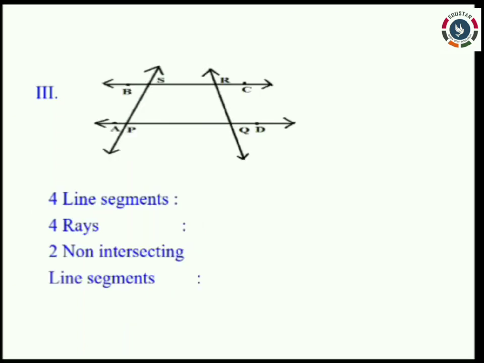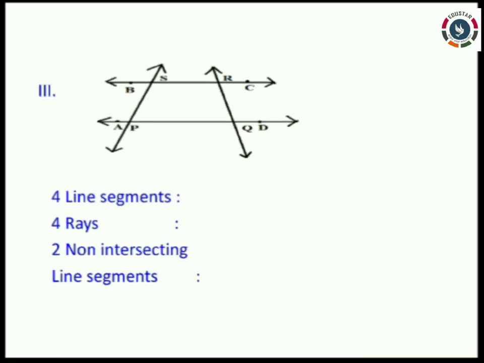Next, they have given a diagram. From this diagram, you have to find 4 line segments, 4 rays and 2 non-intersecting line segments. 4 line segments. Line segments means you should have 2 endpoints, right? So, these are all the 4 line segments.